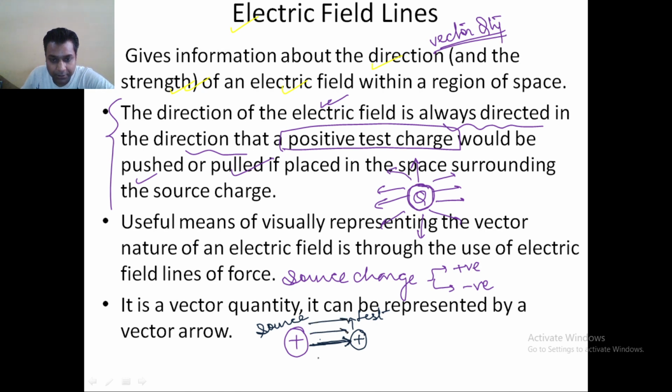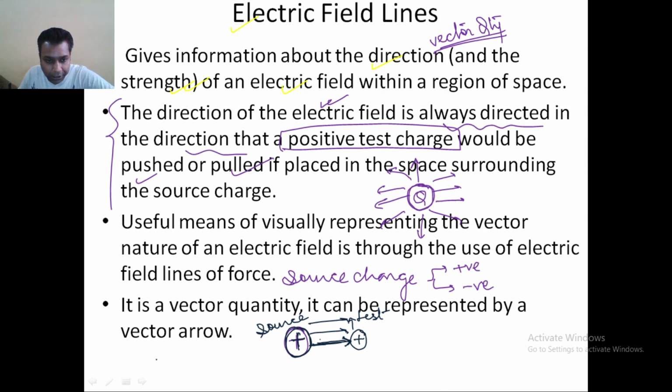So the direction of the electric field lines for a positive source charge is going out from the charge, in the outward direction from the position of the source charge.